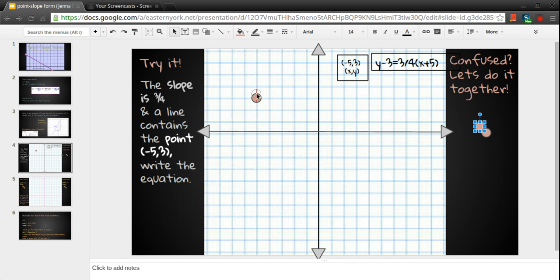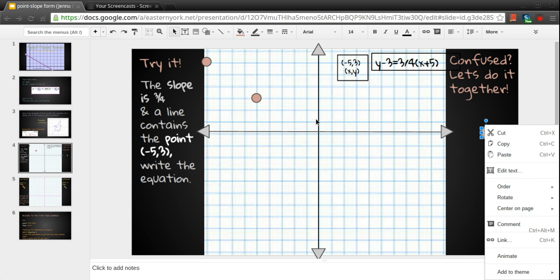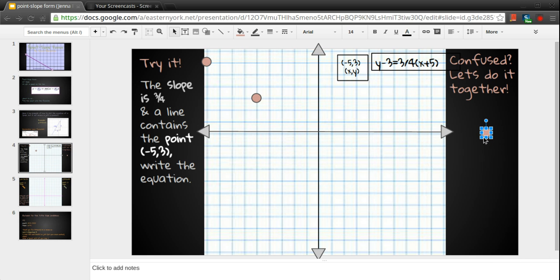So we're going to rise 3 and over 4. And since we're going off the graph, we're going to reverse and go down 3 and over 4.